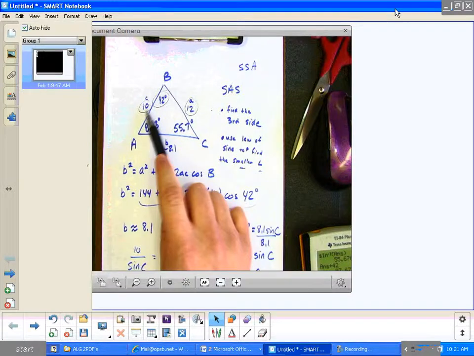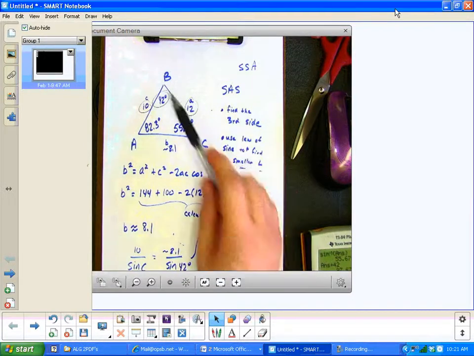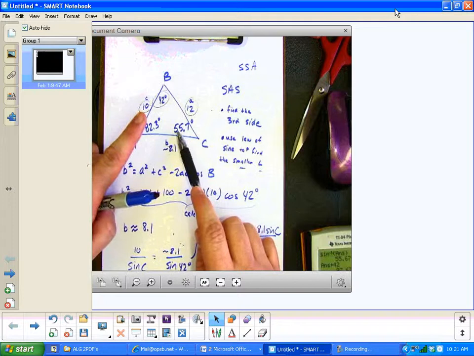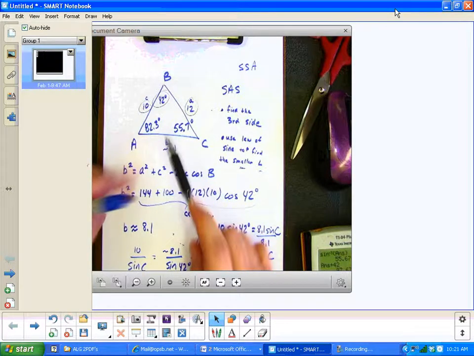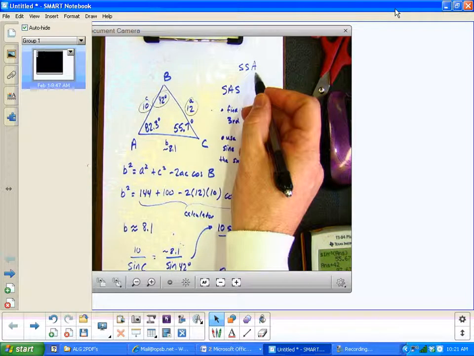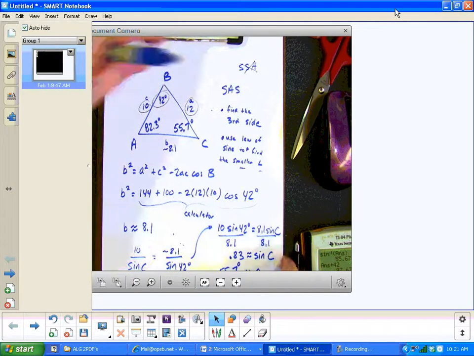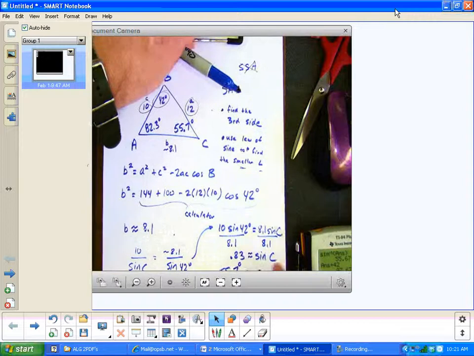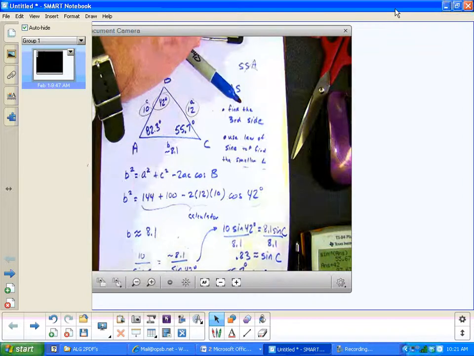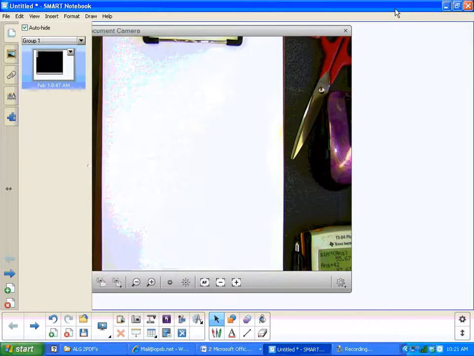In side side angle, the angle given would have been one of those two angles. And that's going to be the bad one, remember? So it wasn't that one. Remember, we spent like two days just talking about that one case. Okay. Now, let's do side side side. So side side side is another law of cosines triangle.